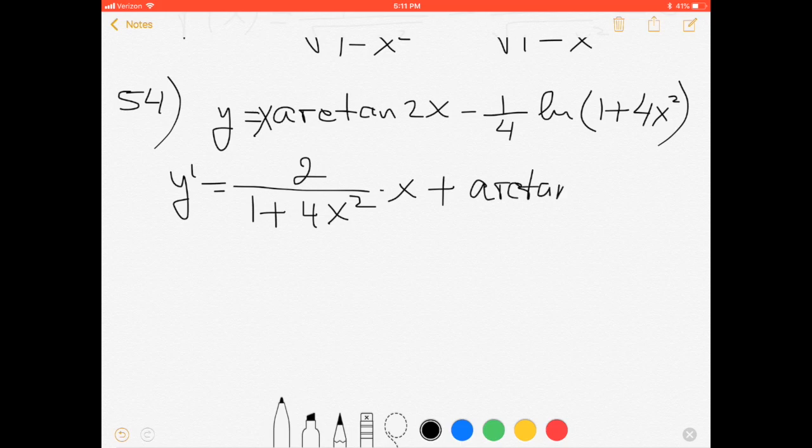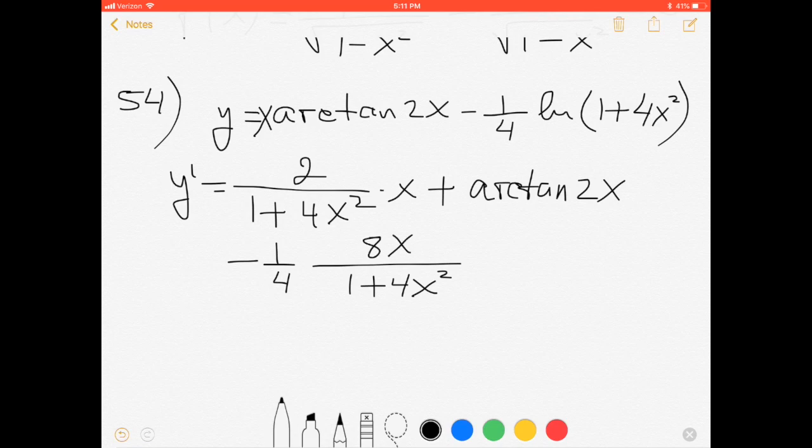Here we have the product rule, and I only forgot about the x. Okay, and the second term, the derivative of the natural log: it will be minus 1/4 natural log. The denominator is what you have inside the log, 1 plus 4x squared, and the numerator is the derivative of what you have inside, 1 plus 4x squared, which is 8x.